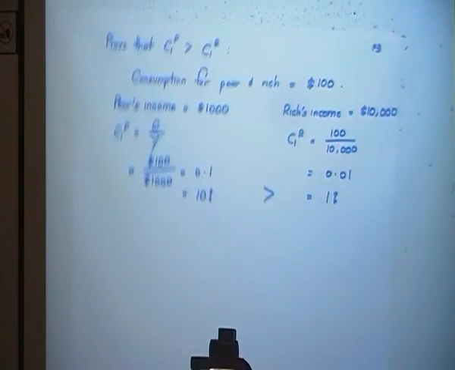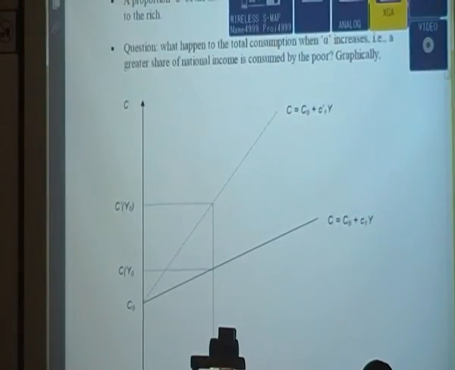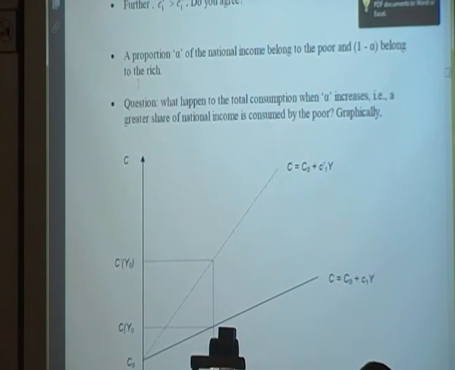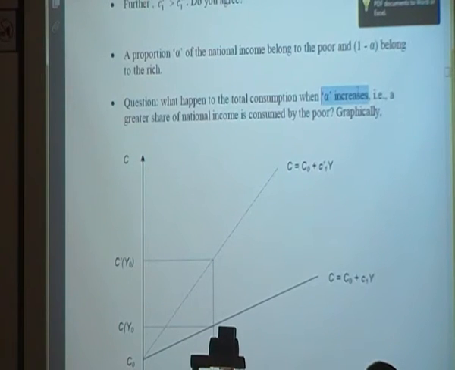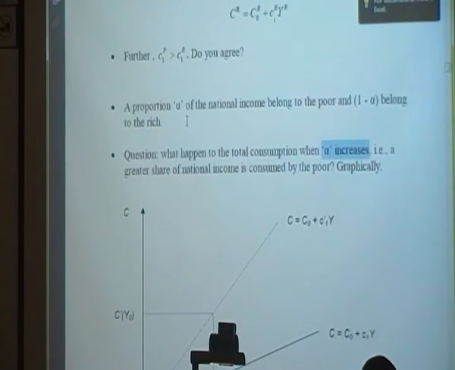Now, see here, this part here. Look at this question. If alpha proportion of the national income belongs to the poor, 1 minus alpha belongs to the rich, what happens to the total consumption when alpha increases? Which means that, are there more or less poor people?